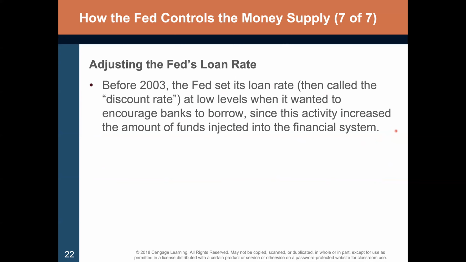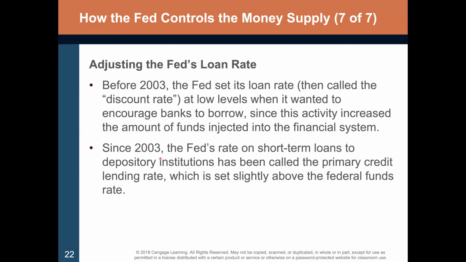So when the Fed wants banks to borrow more, they'll lower the Fed loan rate. Then banks will borrow that money, and that money gets injected into the financial system. If they want to start taking money out of the financial system using the Fed loan rate, they'll just increase the rate, which will make it less palatable to borrow.